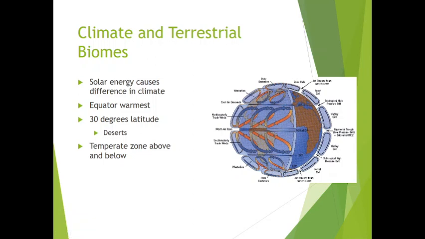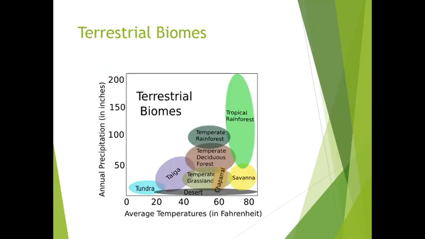But what makes the actual climates, but I shouldn't say climates, the life zones that we call biomes, is the interaction between two variables, that being temperature and precipitation. These are some of the biomes that we're going to talk about today.